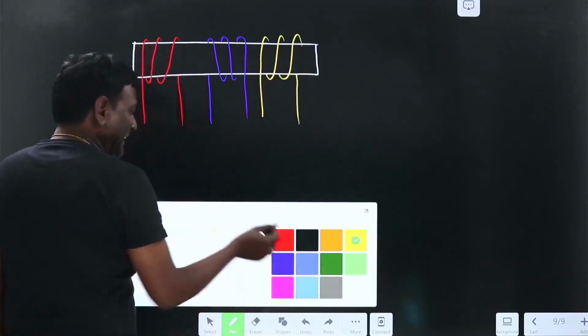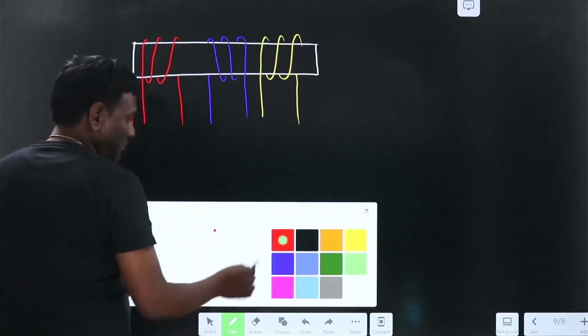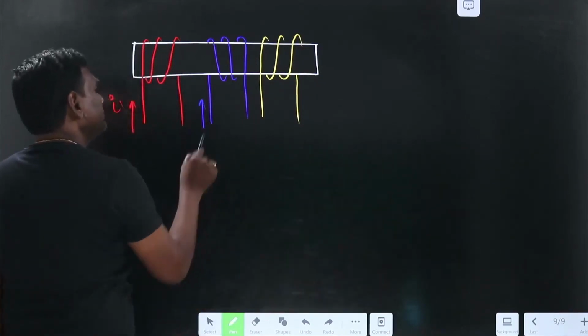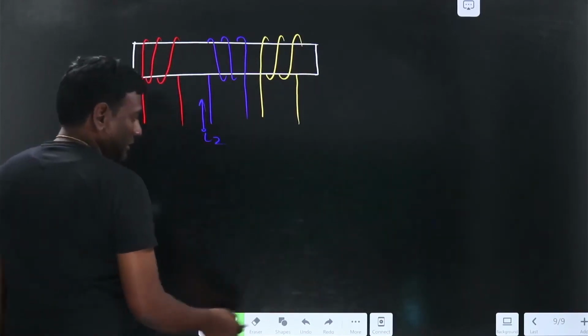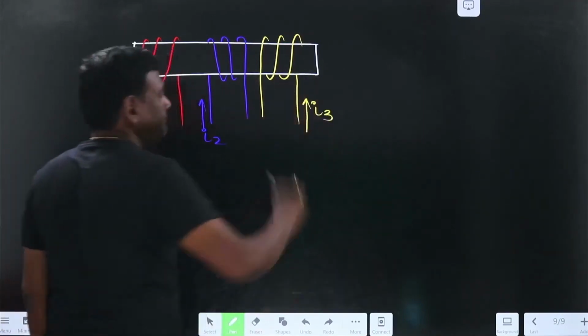Now my red current I1, blue current I2, let me change yellow current I3 like this.